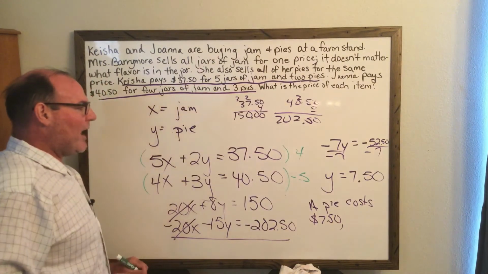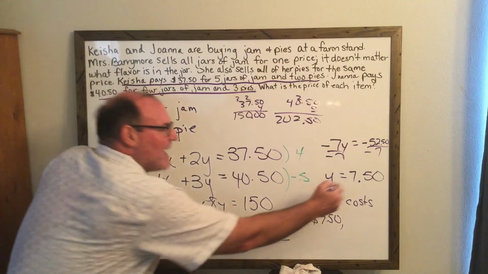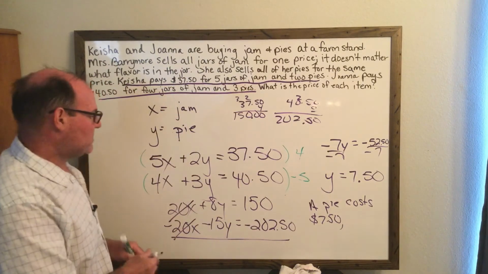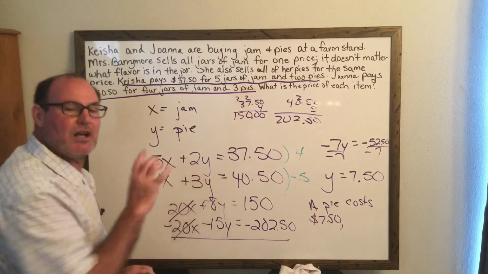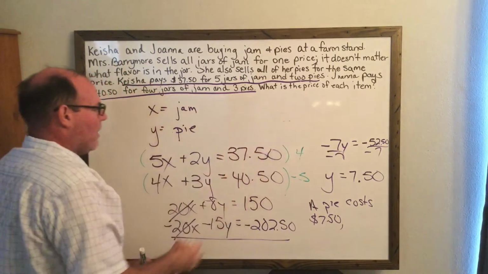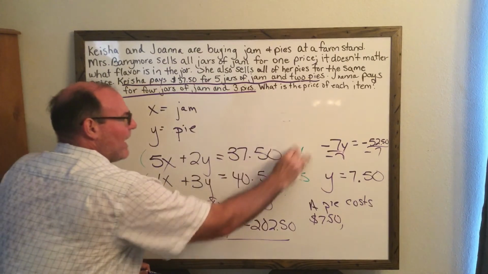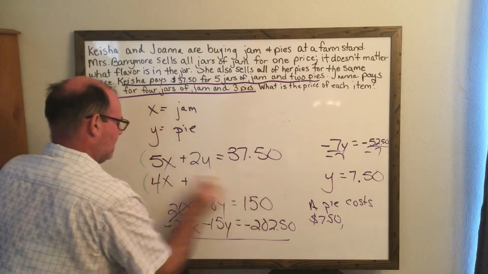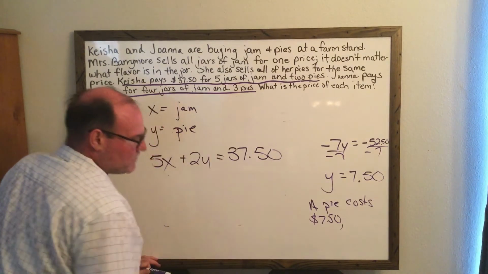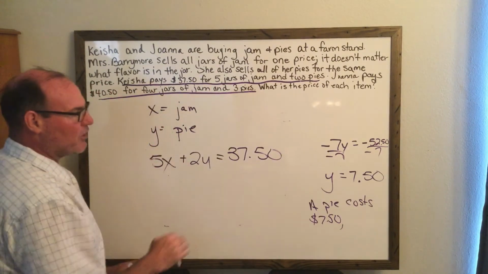And then to figure out how much the jam cost, I take that y value and I plug it into either of my equations. If you don't mind, I'm just going to do a slight bit of erasing here so I have some room. I'm just going to use this top equation. I'm going to put 7.50 in for y.